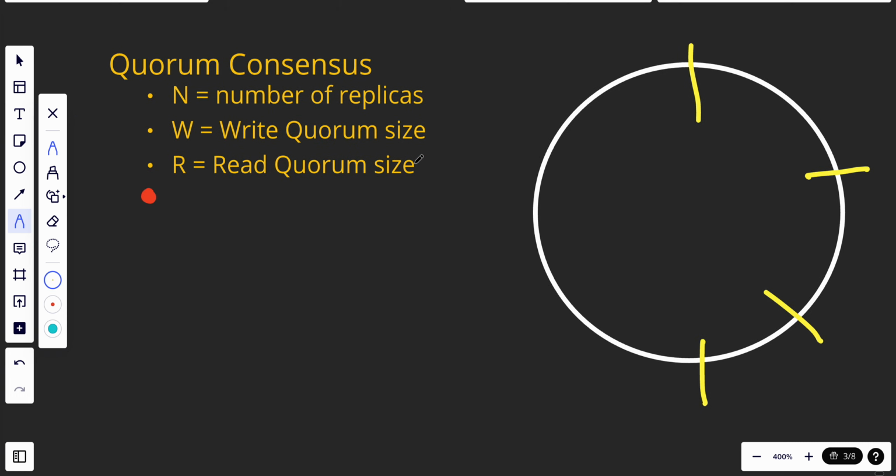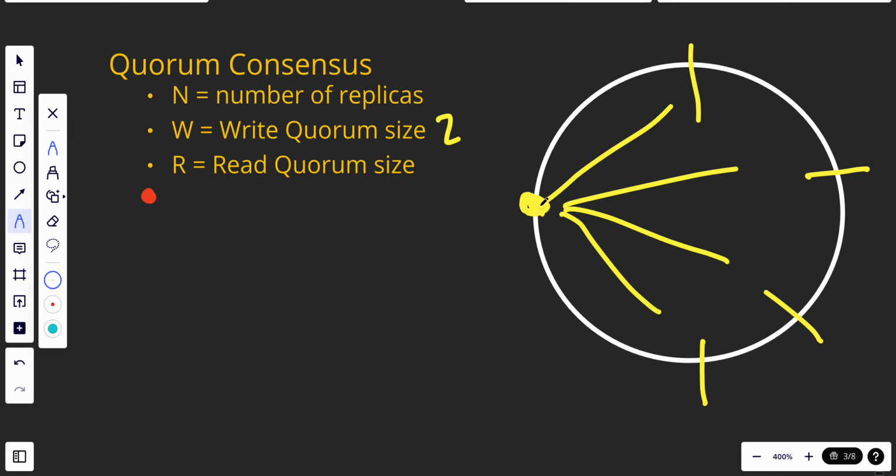W is the write quorum size, meaning how many node replicas we need to make sure this write operation is accepted. For example, if W equals 2 and the client tries to make a write request, we'll send the request to all 4 servers.